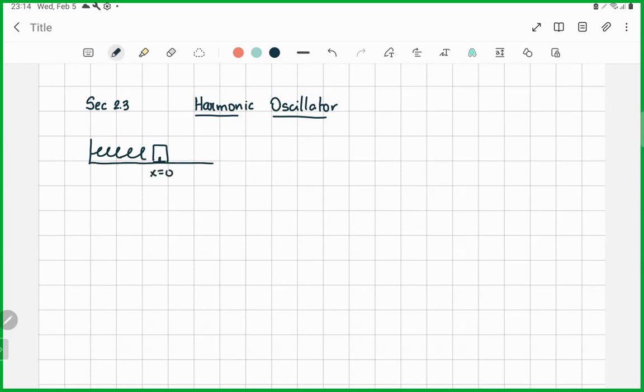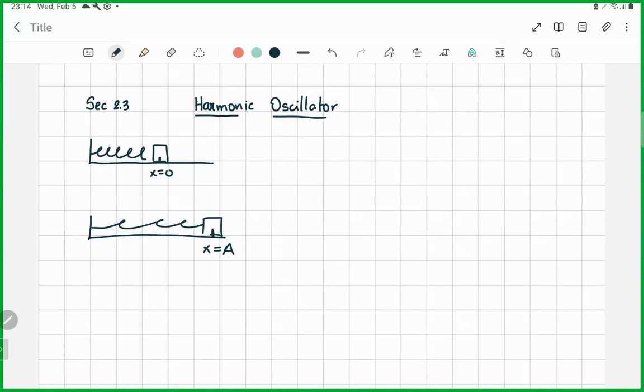But then if we stretch this spring, so now it is at this new position A, this system gains potential energy. At this point, it has maximal potential energy.